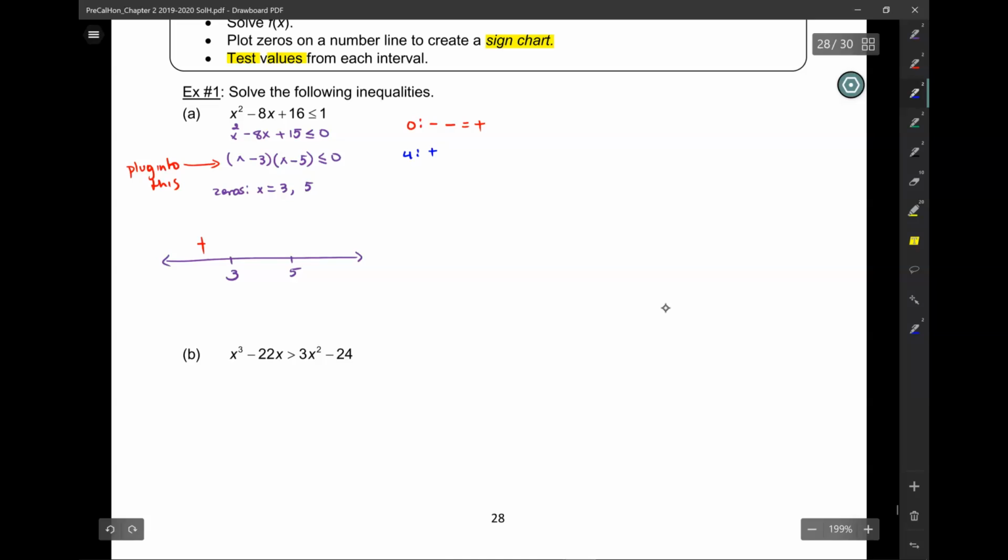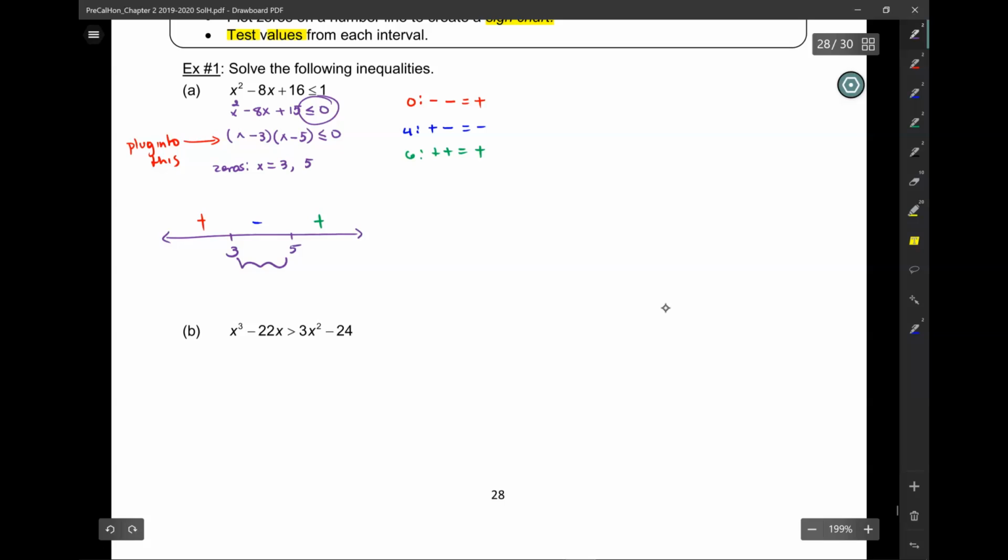Second parenthesis, 4 minus 5 is a negative number. That makes negative. Next, I'm going to choose 6. What do I get for 6? Positive, positive, positive.